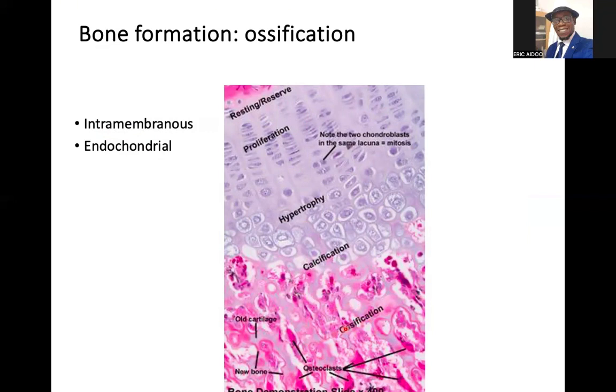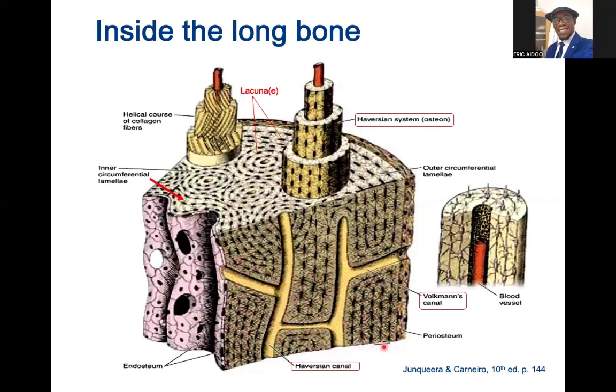And then when something goes wrong in the bone, you have phagocytic cells known as osteoclasts, which can resorb the worn out bones. So that is how bones also appear. Inside a long bone, for instance, you are going to find the osteon, which is this circumferential composite made up of the Haversian portion with the blood vessel, the Haversian canal.